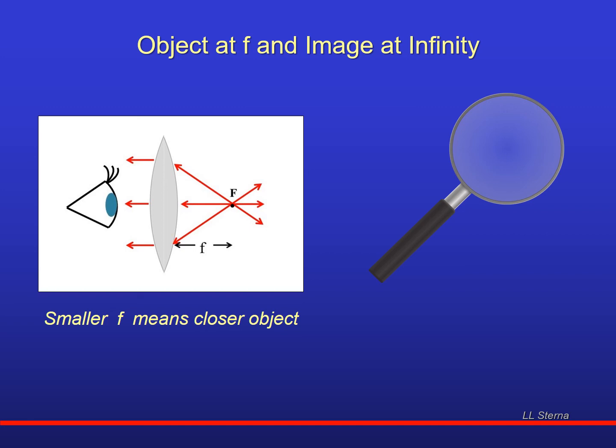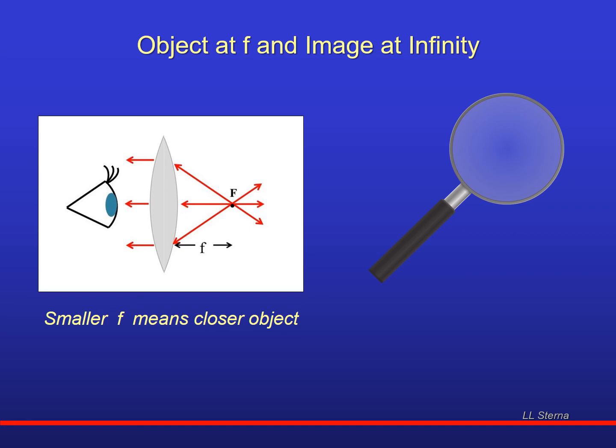So what happens? As the rays leave the focal point, go to the lens, they will emerge parallel. Parallel rays into your eye. It's as though you're looking at something at great distance. Relaxed viewing. It's like staring at the clouds. You don't strain your eyes to look at the clouds.